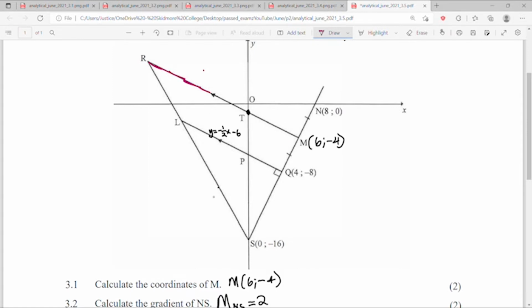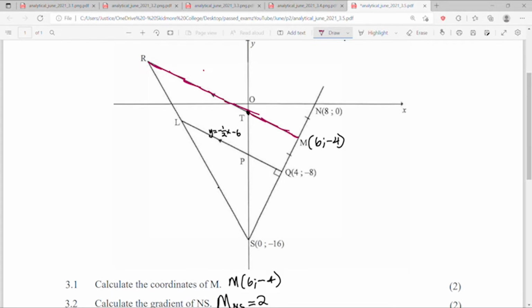And they could have just said calculate the y-intercept of RM, but that would make the question too easy. They want to make sure that you know your analysis, you know how to look at a diagram, and you'll be like, oh, T is the y-intercept of RM. And most of us know how to find the y-intercept of a line.